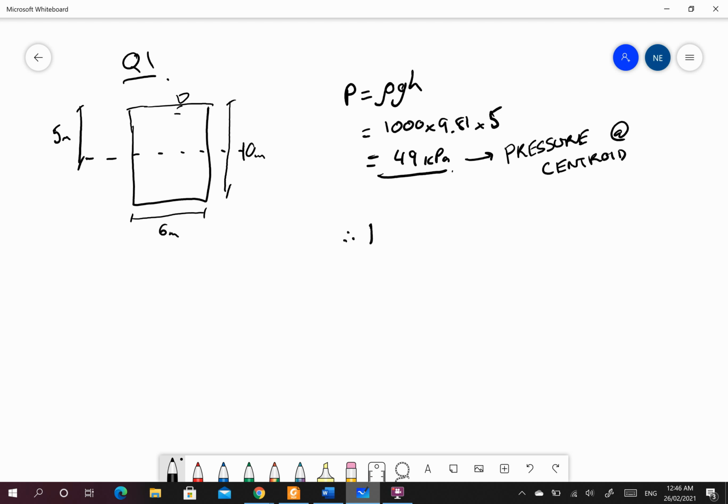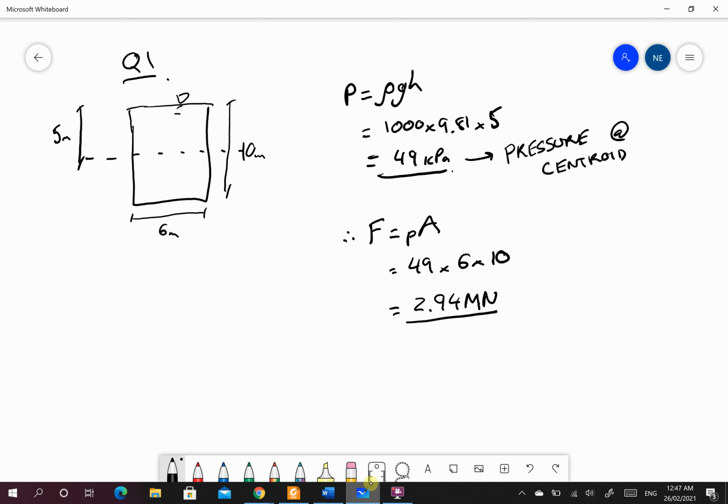So therefore the force on the wall is equal to PA, which equals 49 times 6 meters times 10 meters. What this is going to give you, 49 by 6 by 10, is 2.94 mega newtons of force.